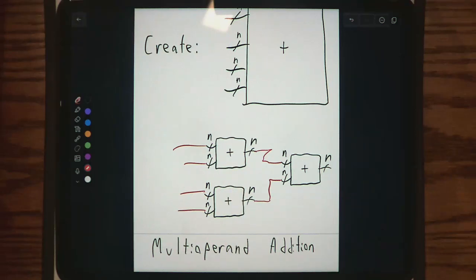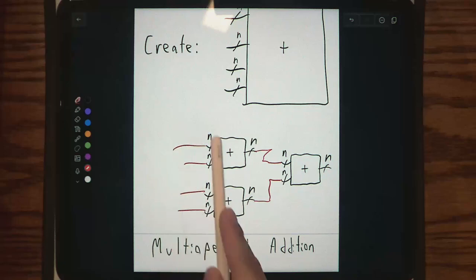There is, I don't know about an issue, but maybe a consideration that you may need to think about. And that's that this is actually going to be fairly power intensive. Let's say a clock pulse is incoming, and maybe these are all fed by flip-flops. Our clock signal goes high, now all of our flip-flops change their values, and all of the data propagates through all of these at once.